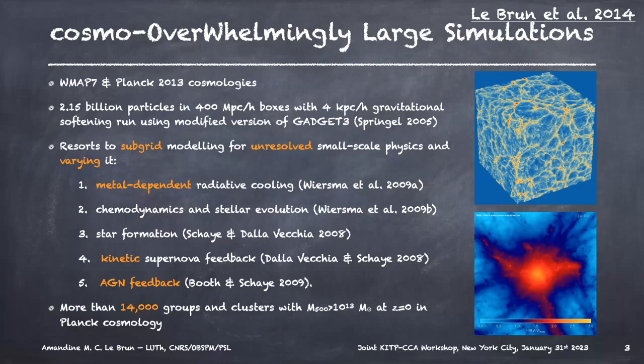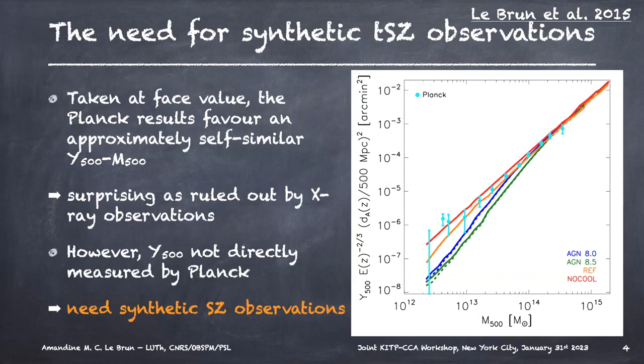Given that it's a large box, it has a really large set, and we were able to show at the time, in the paper listed at the top, that they were producing realistic populations of groups and clusters, and thus we can use them to try to understand or interpret observations.